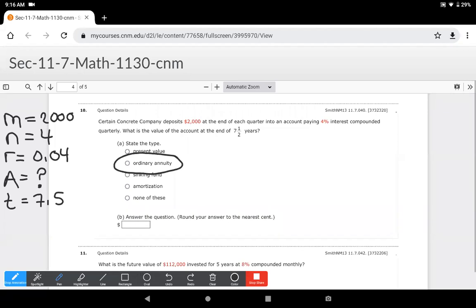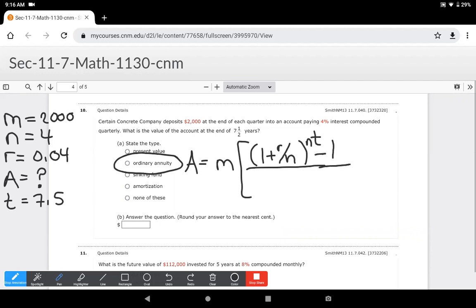The formula for ordinary annuity is A equal to M times the quotient of the quantity 1 plus R over N raised to the NT, take away 1, divide by R over N. So that's our formula.